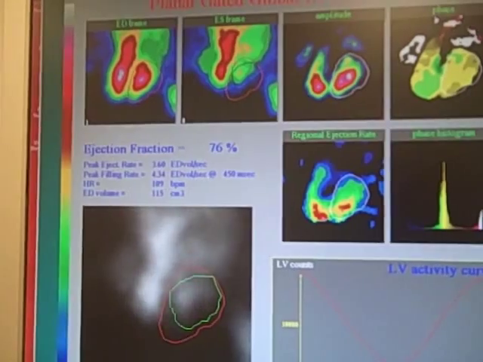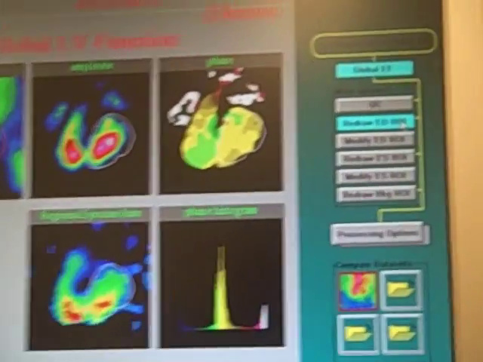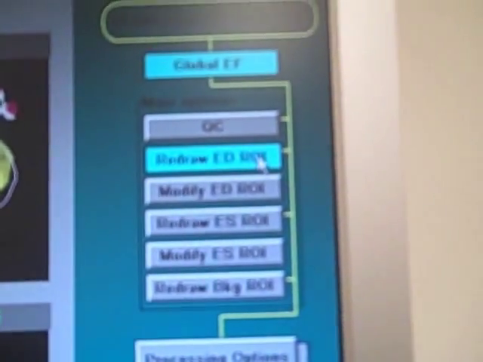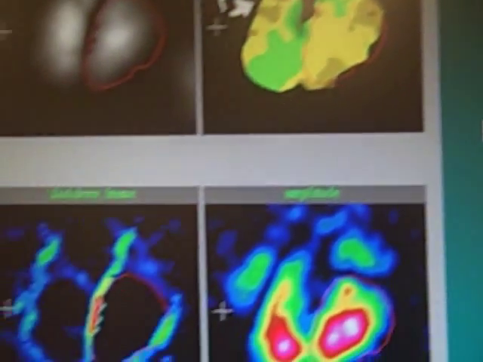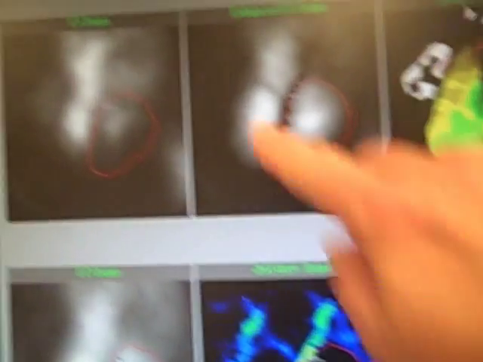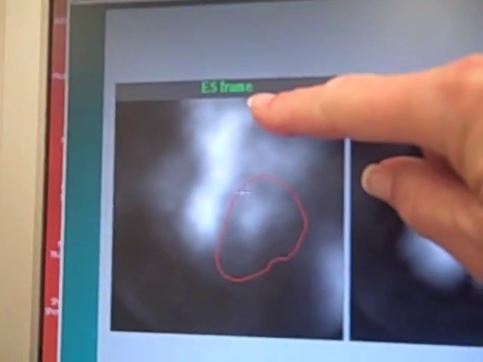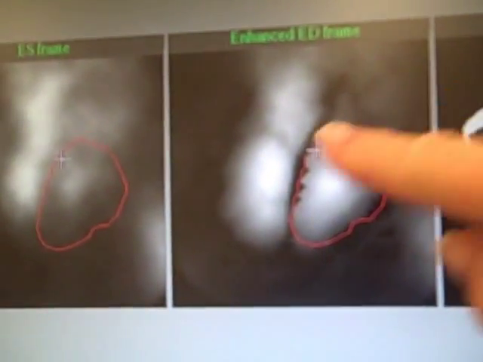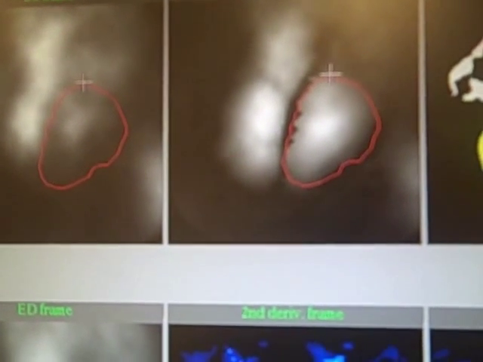I'm going to try and redraw that ejection fraction region of interest. Note that this one here is the ES. This is the ED, so this is the one I'm going to try and redraw.